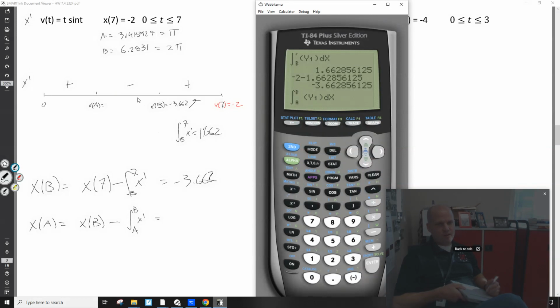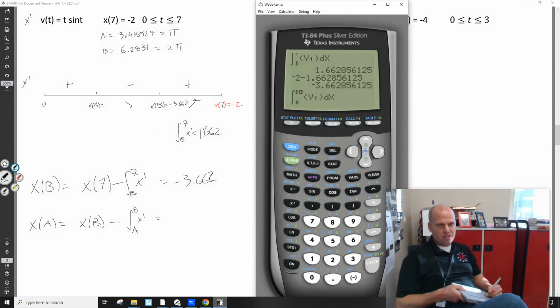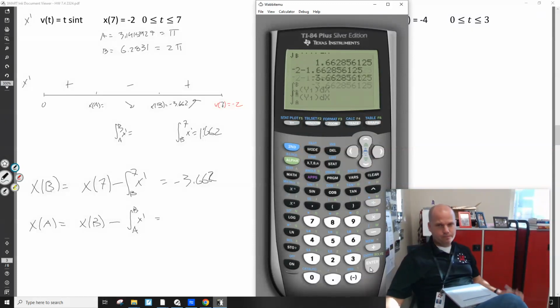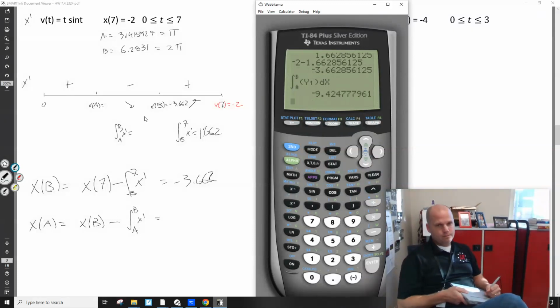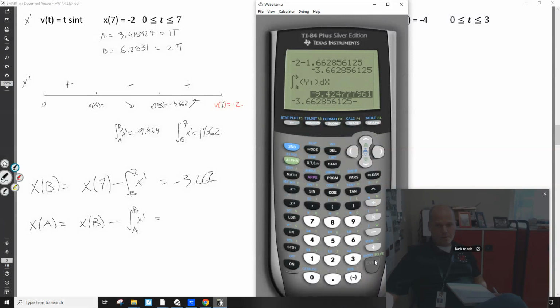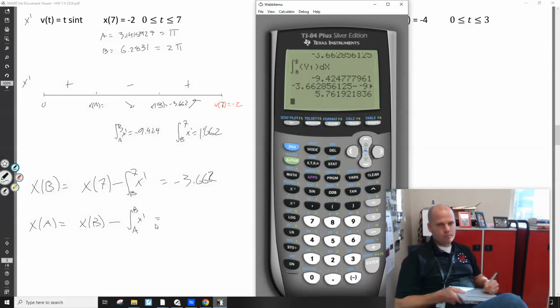I expect a negative number because my position decreases. So this number here better be negative. If it's a positive, you typed it in wrong. X of B, that number minus that negative number adds it as a positive.